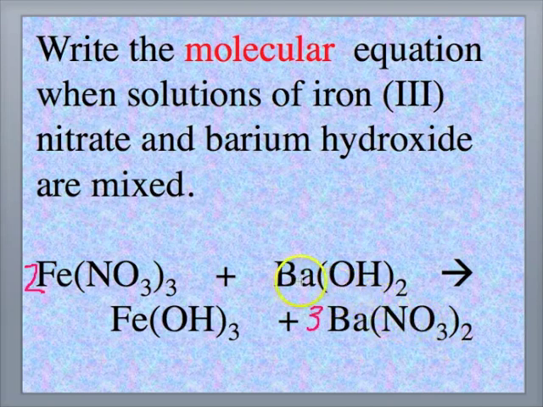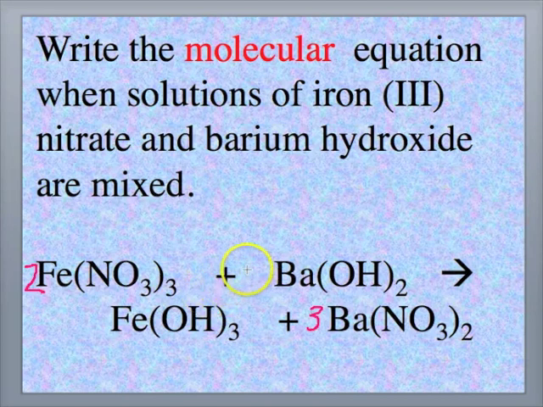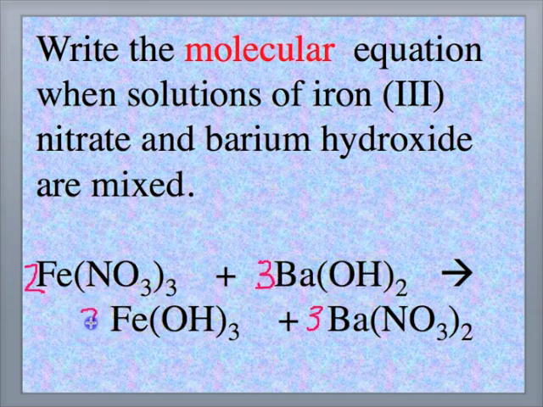Well, what about the hydroxide? One side I have 2, the other side I have 3. It's going to be the same thing. 6 will be the common number. So I'm going to put 3 over here to give me 6 hydroxide, and I'm going to put 2 over here to give me 6 hydroxide.